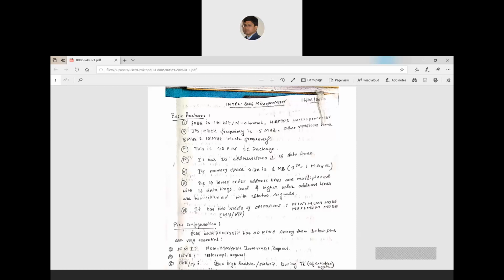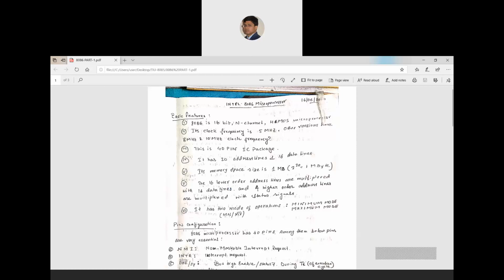So this is how it is possible to accommodate more address lines and data lines in the same number of pins. That means we are using the multiplexing technique. We can accommodate more address and data lines into the same number of pins.